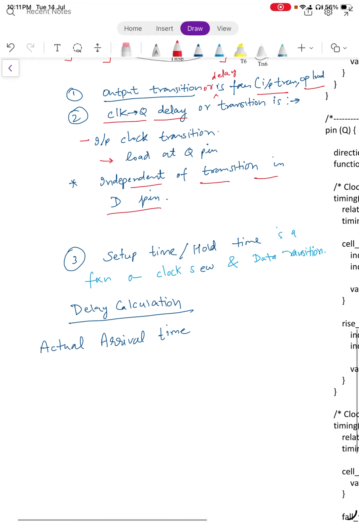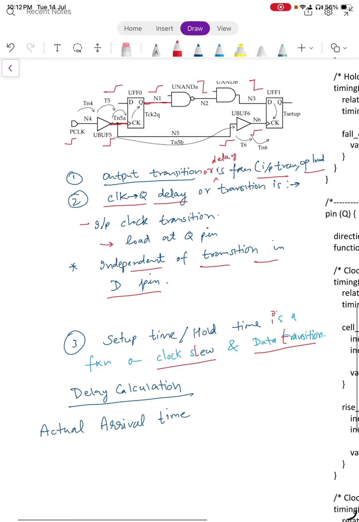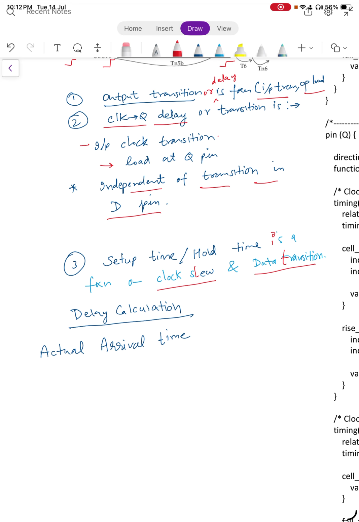Now the setup or hold time for a flip-flop is a function of clock slew and data transition. So which arc is responsible for setup and hold time? That is the clock to D arc.